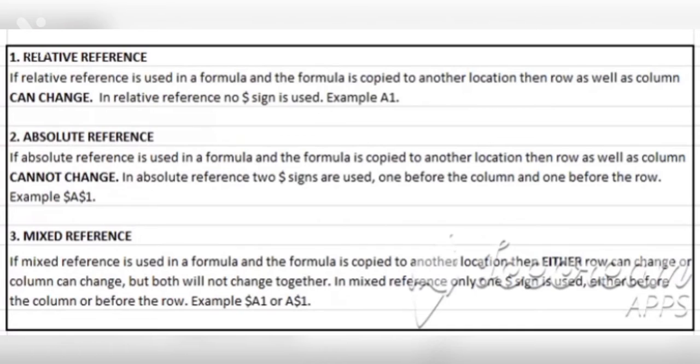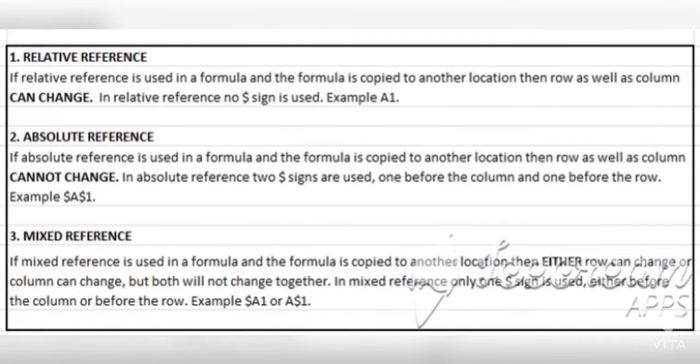We use two dollar signs, one before the column and one before the row. Example $A$1. So you copy the formula, but the row as well as the column cannot change. Both would be the same. In relative reference, no dollar sign is used. In absolute reference, we use two dollar signs.